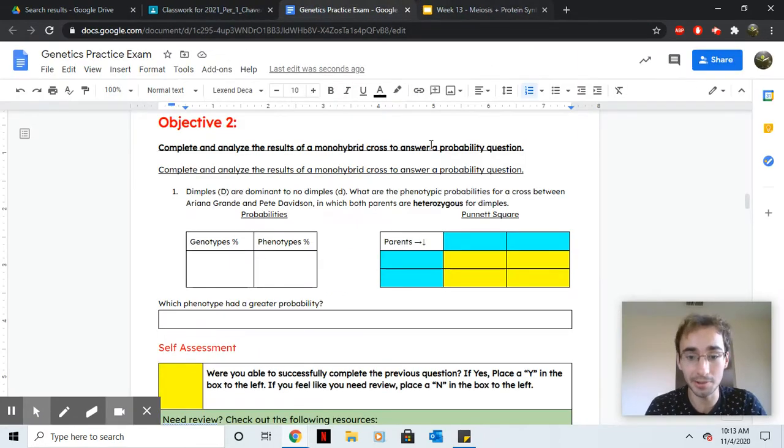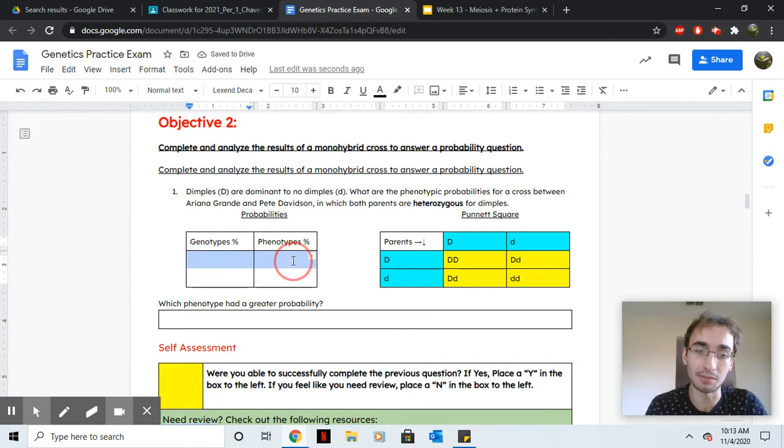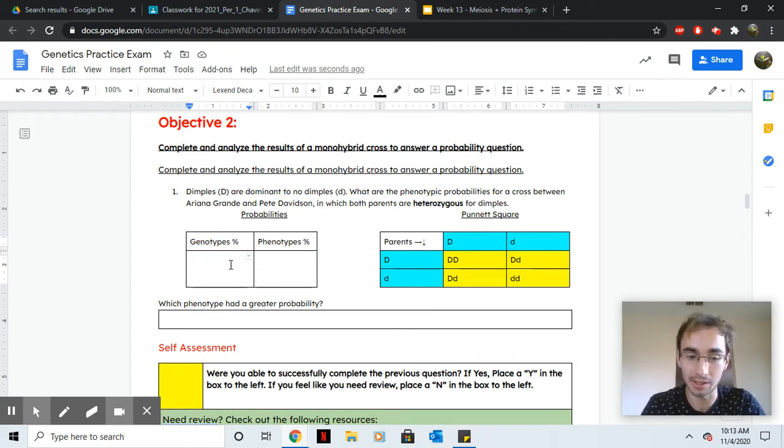So if both parents are heterozygous for dimples, then both parents should have a capital D and a lowercase d. Boom, boom. So you should have had this for your parents' alleles, and then fill out the Punnett square. And then once you do that, tell me the percent of genotypes for each, and then the phenotypes.